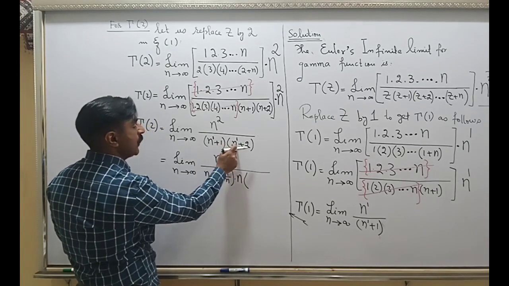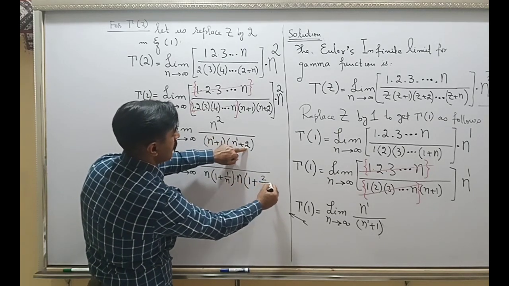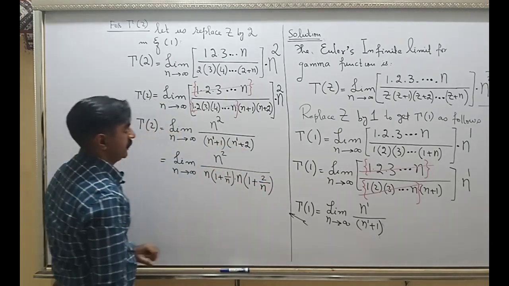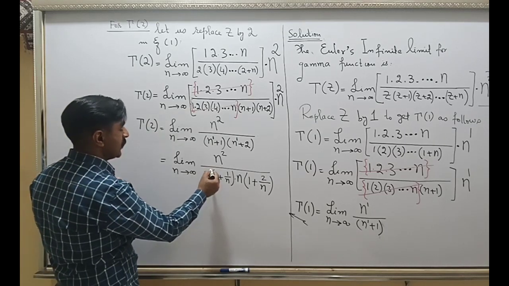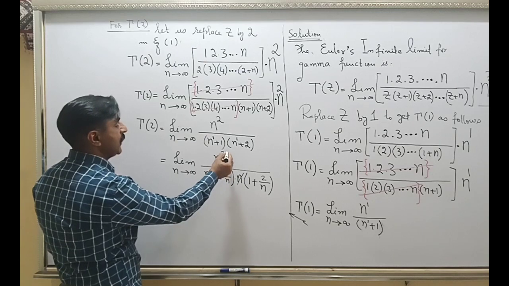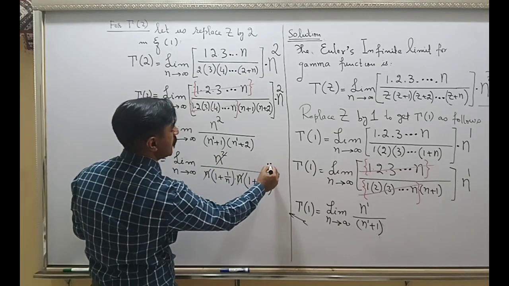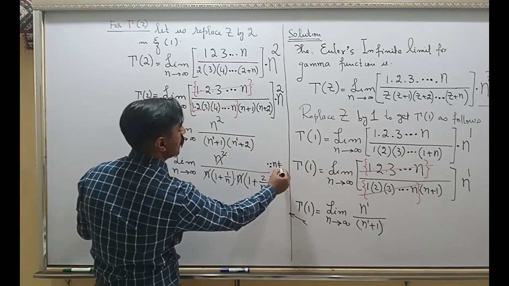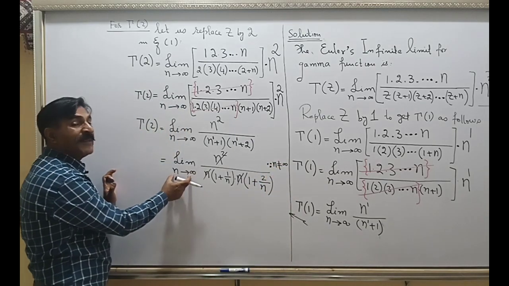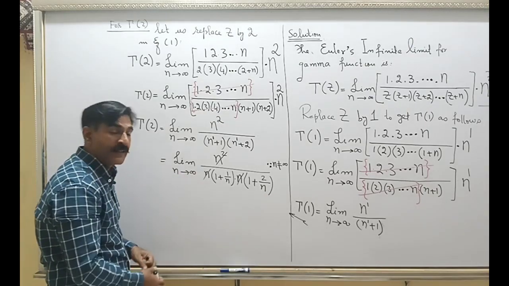So this has been pulled out. There will be 1 left here plus 2 divided by n. Now this n multiplied by n will make n square and this cancels here. Why it cancels? Give the reason again, because n is not infinity. This symbol means n is not infinity, but it's a very, very large number.